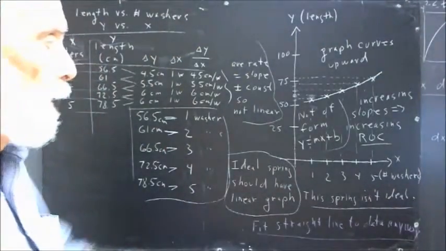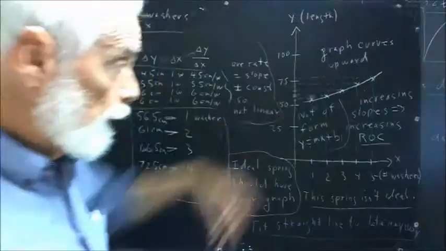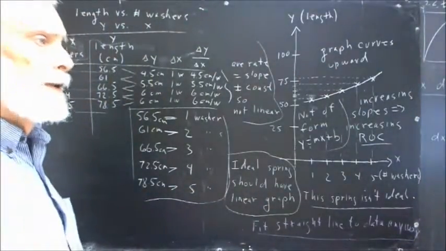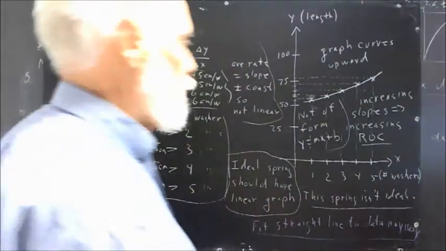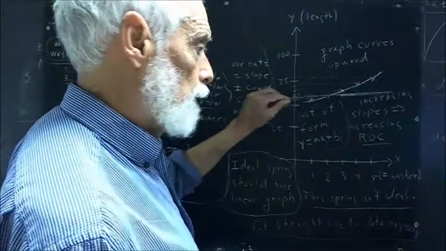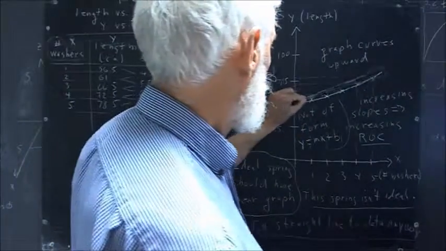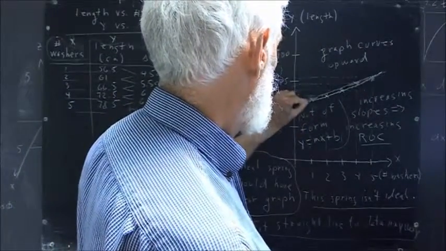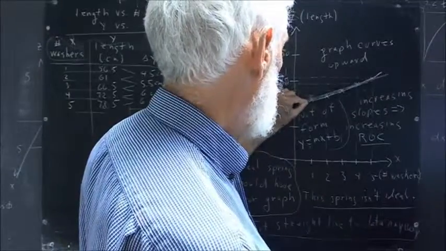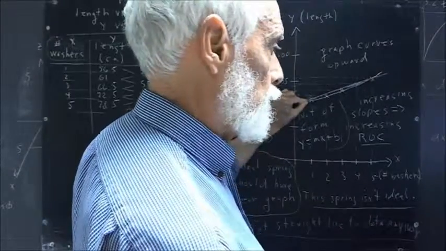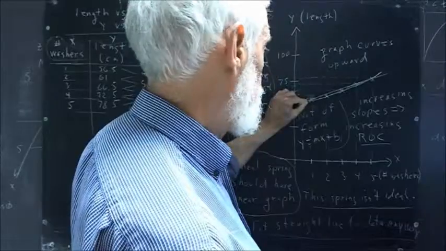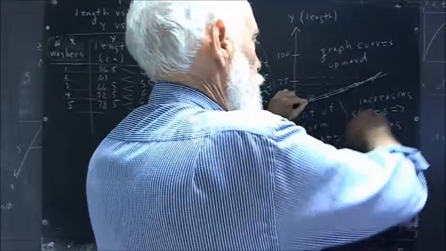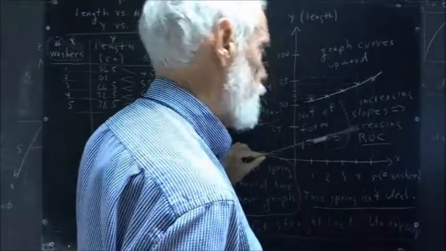Now that's not appropriate. The data doesn't give us a straight line, but to illustrate fitting a straight line, I'm going to do that. And I'm going to use this thin little strap to indicate how we do that. Now I could fit a straight line to the first and last data point. We see that the other data points tend to run below that line.